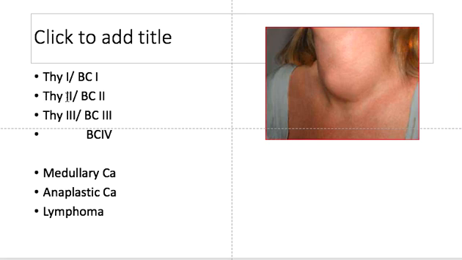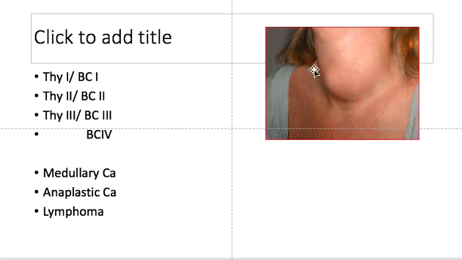Then if the report has come as Thy 2, a Bethesda 2, that means pathologists say it's benign. So it's a colloid goiter. Then you are looking at your secondary determinant of size.